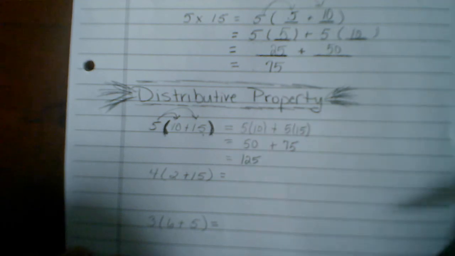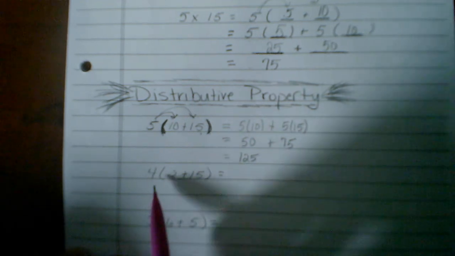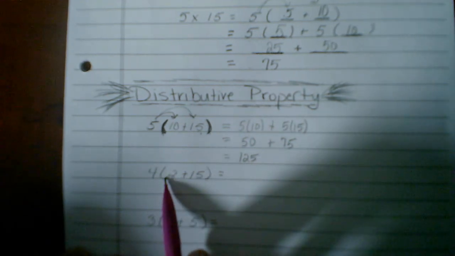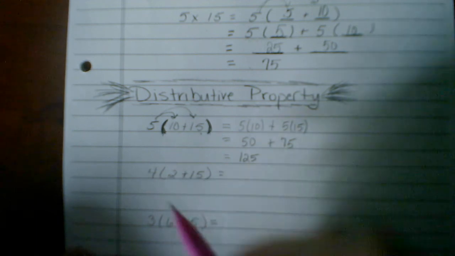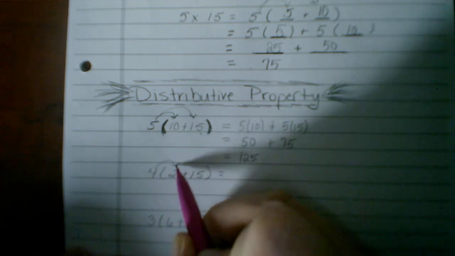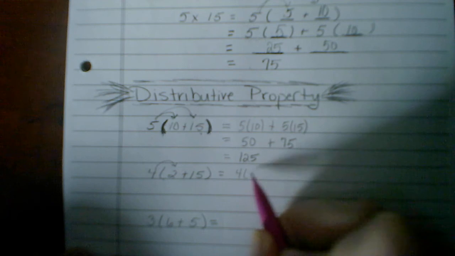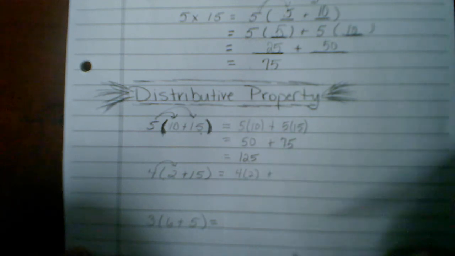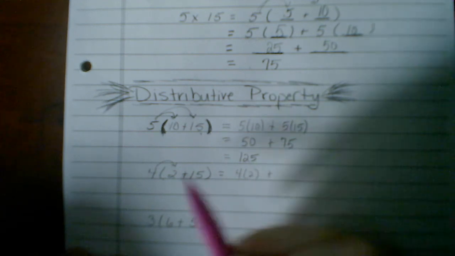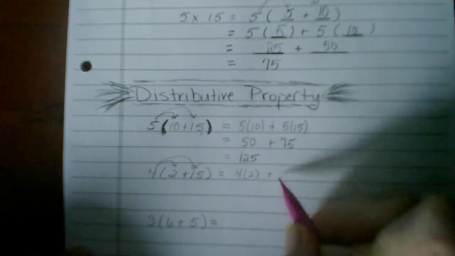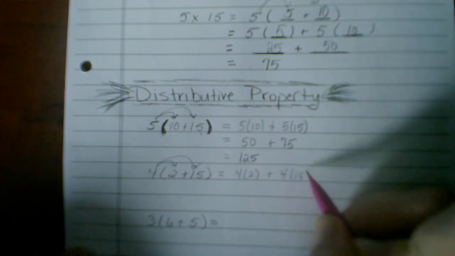Okay, our next example, 4 times the quantity 2 plus 15. We do 4 times 2, bring our plus sign over, and then 4 times 15.